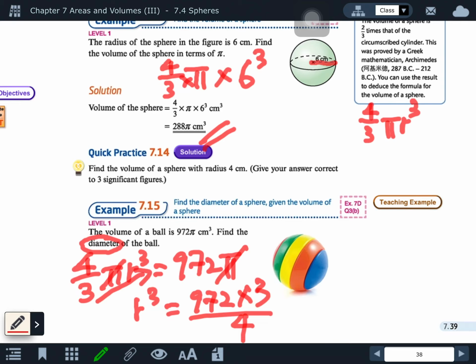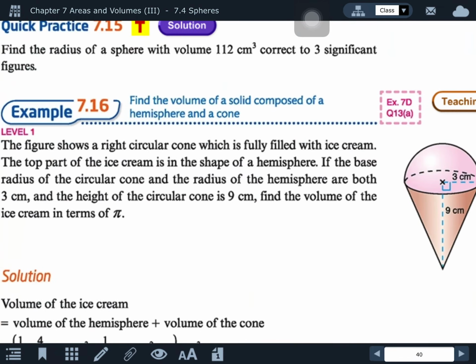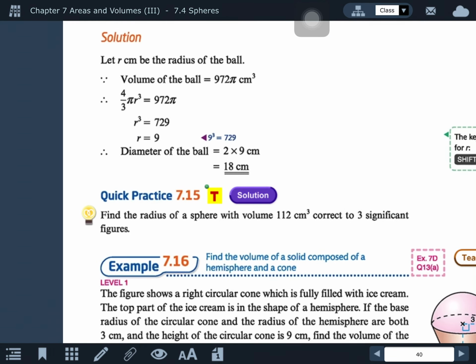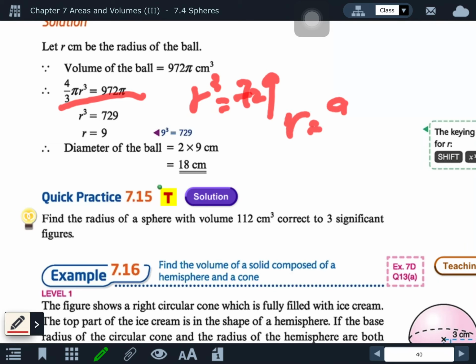Okay, so what is the exact number? You can do it by calculator, and I will also show you a clearer version. We have the formula we just did, and after using the calculator we know that r cubed is 729. So r, we get the answer 9.